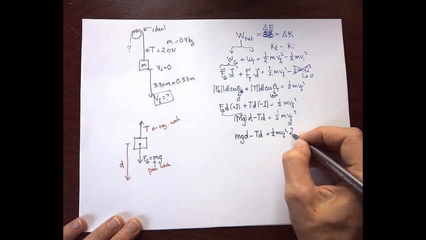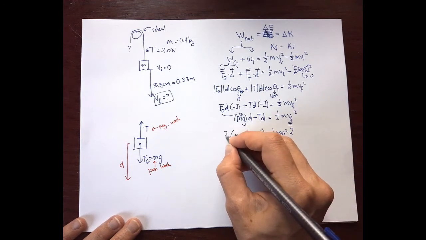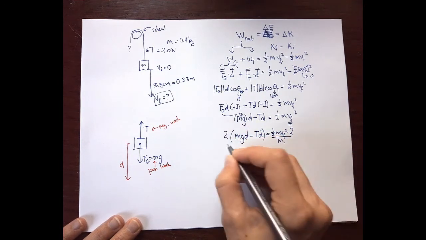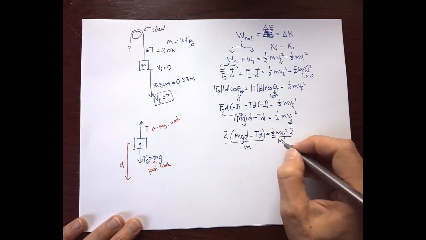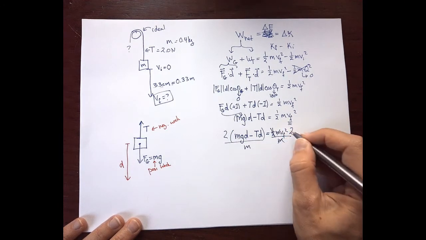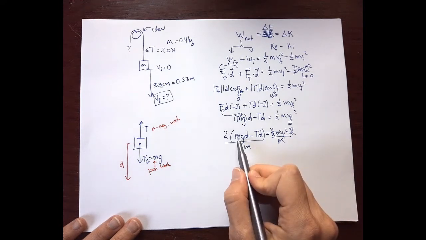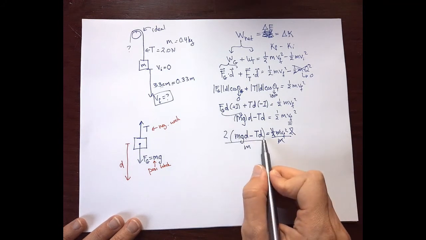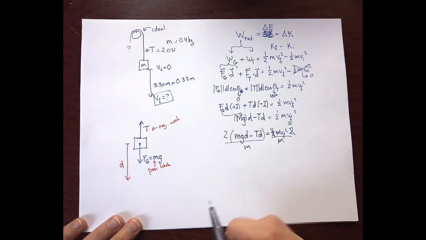We'll multiply by 2 both sides of the equation. We'll divide by m both sides of the equation. The mass will cancel here, the 2 will cancel there. Very tempting to cancel the mass here, but we can't do it because there's no mass in this term.